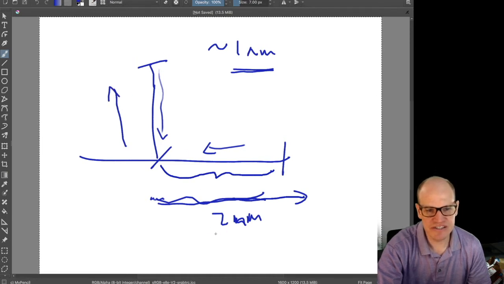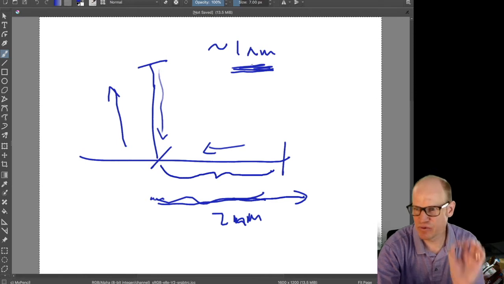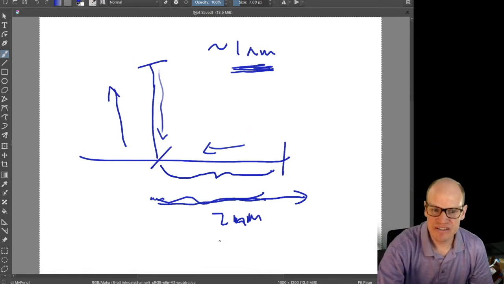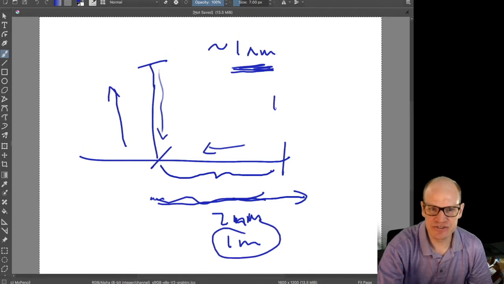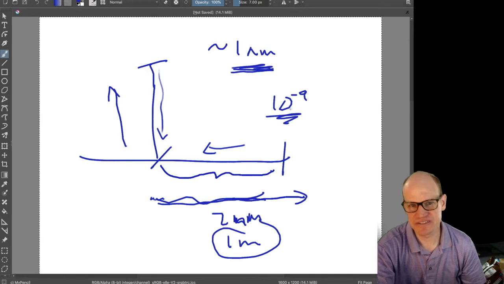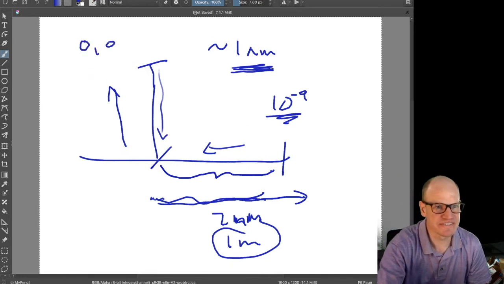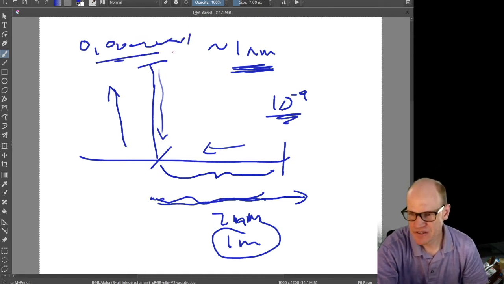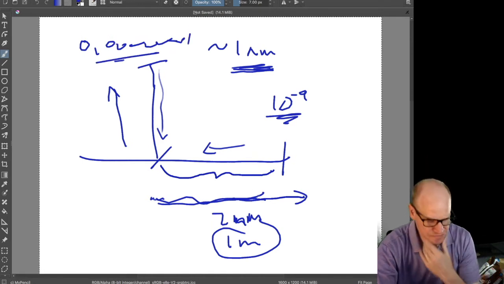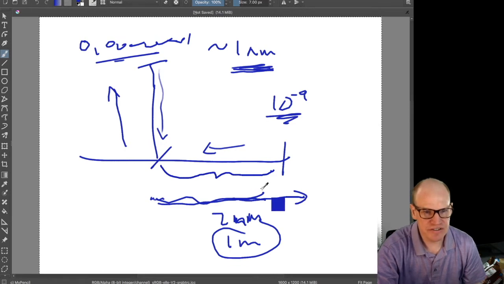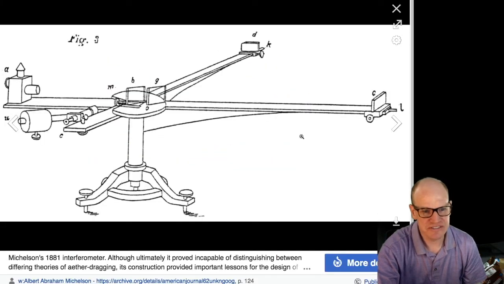If you have 1 nanometer precision but a 1 meter arm, that gives you a precision of 10 to the minus 9, like 0.00000000 with eight zeros in front of a 1. So that's why these interferometers have fairly long arms.